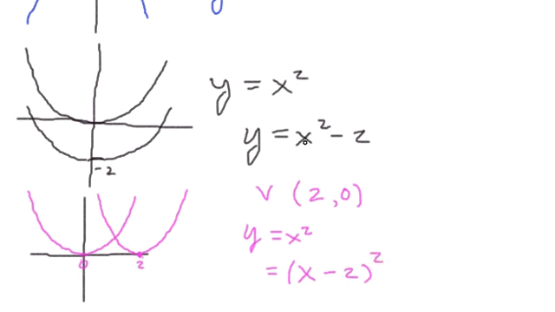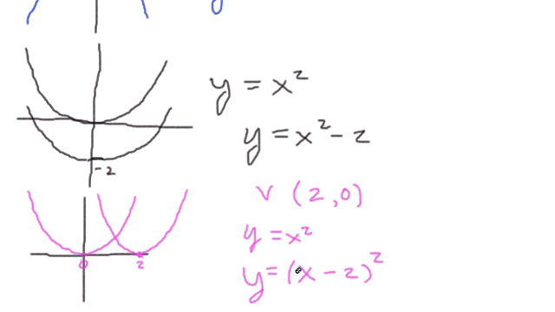So I'm going to substitute an x minus 2 in for this x right here. Now look what happens. If I take a 2 and I plug it in, 2 minus 2 is 0, and 0 squared is 0, and therefore y is equal to 0. Alright, that just tells us that this point is located right here. So this shifts it over 2 units to the right.